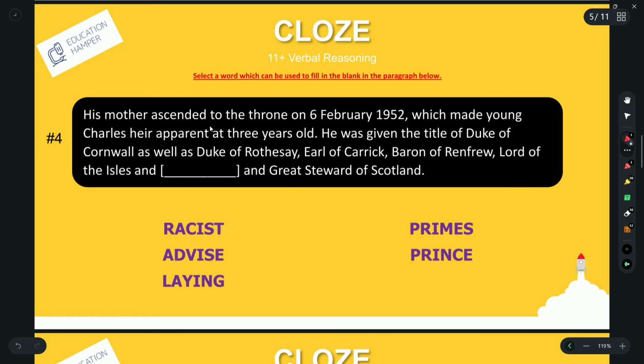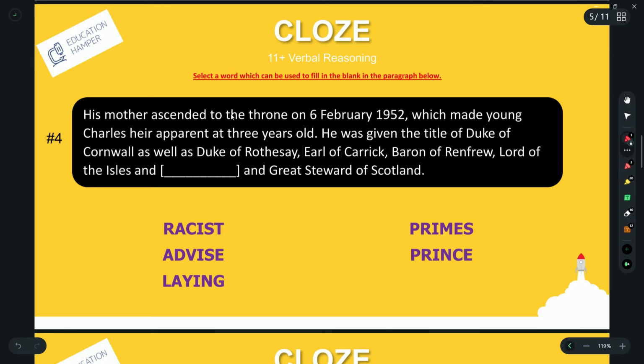She now was the person who sat on the throne essentially at this date, and she had a son. It looks like it's Charles by his name, and his heir apparent at 3 years old. So, if anything were to happen to his mother, he would then become king. He was given the title of Duke of Cornwall as well as Duke of Rothesay, Earl of Carrick, Baron of Renfrew, Lord of the Isles and Space, and Great Steward of Scotland.